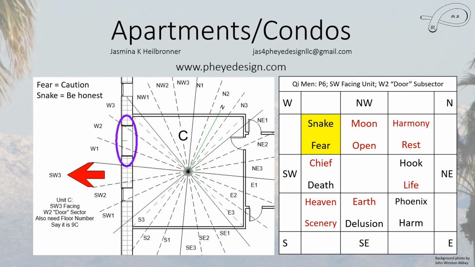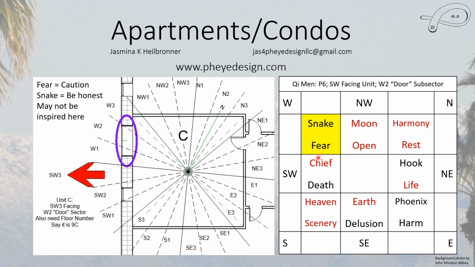But what does this mean? This means that you actually might not be very inspired when you're living here because this is the energy that kind of affects the whole apartment. If you're going to study, you want to be in this northwest sector here because you've got moon and open, a very good sector for that. But still, this affects everything.